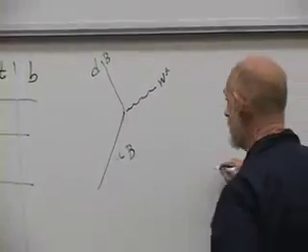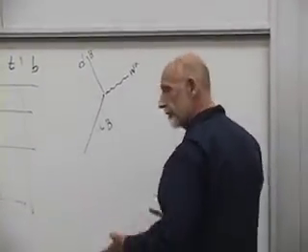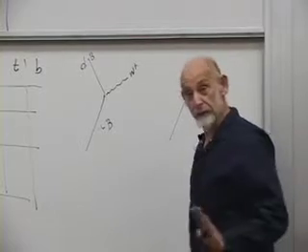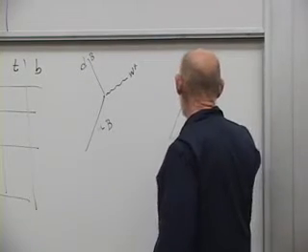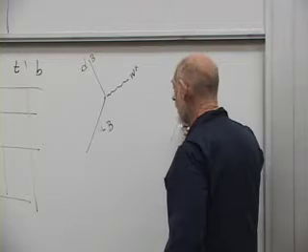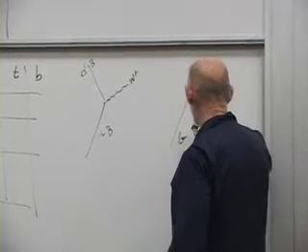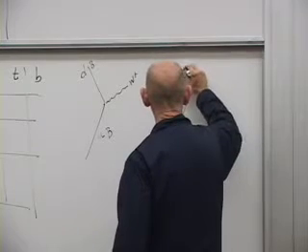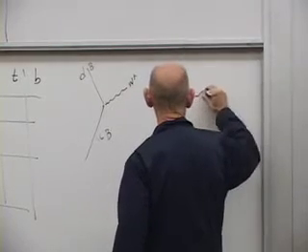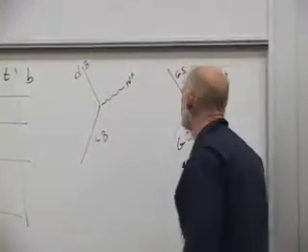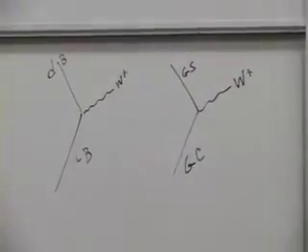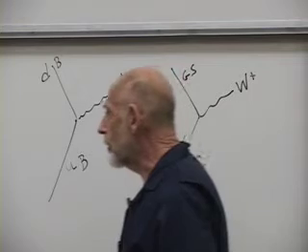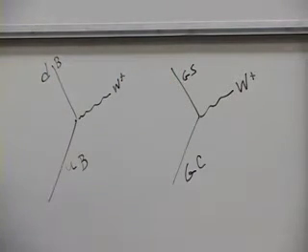Exactly the same kind of W plus would be emitted when a green, let's say, charm quark becomes a green strange quark. Same W plus. And so forth. The gluons never move you horizontally. The W bosons never move you vertically.